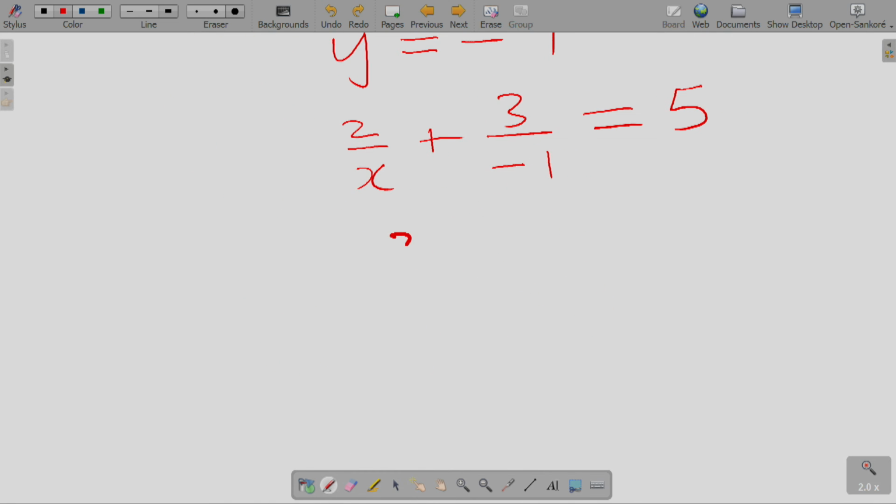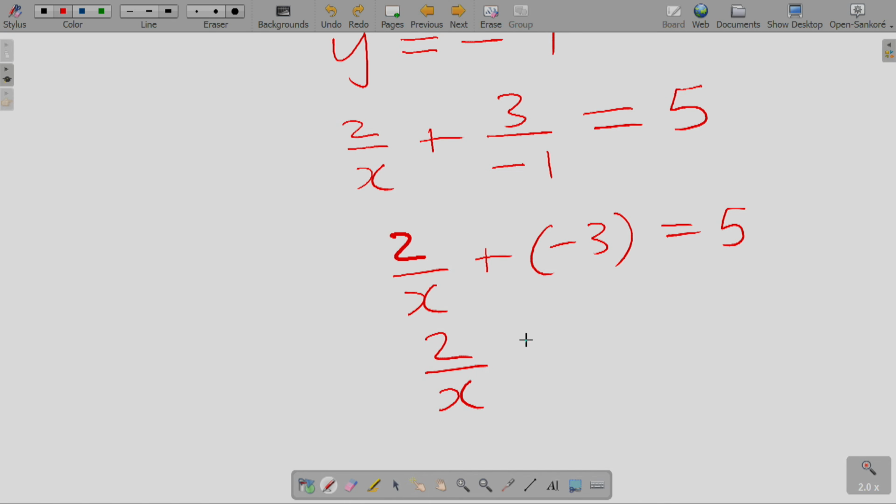So we'll get 2 over x plus 3 divided by -1, so we'll get -3 equal to 5.